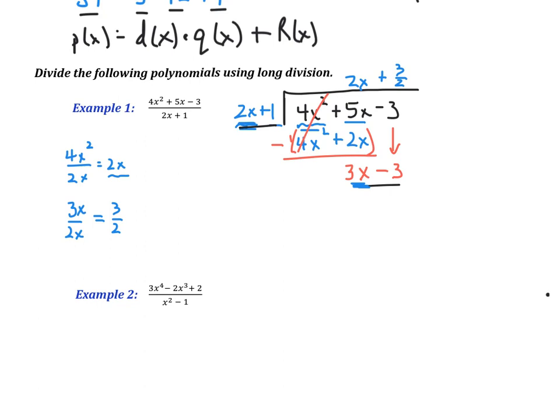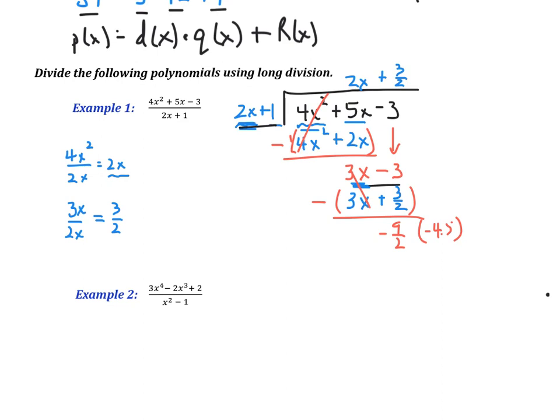So my 3/2 times my 2x gives me a 3x. And then my 3/2 times 1 gives me a 3/2. Then I am going to subtract. So 3x minus 3x cancels. And then a -3 minus a 3/2 gives me a -9/2. Okay, and if you would prefer, you could write that as -4.5. But that's really up to you.